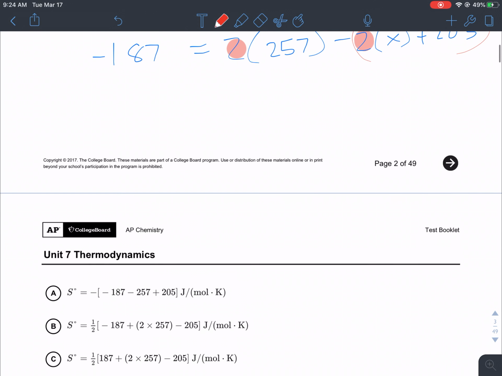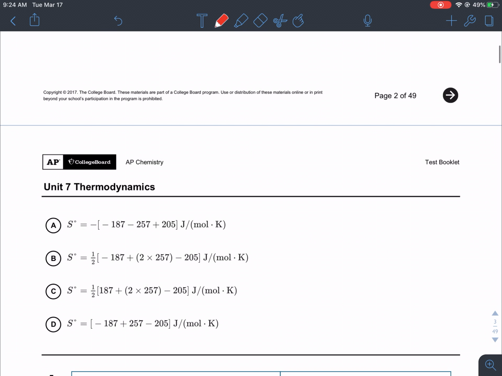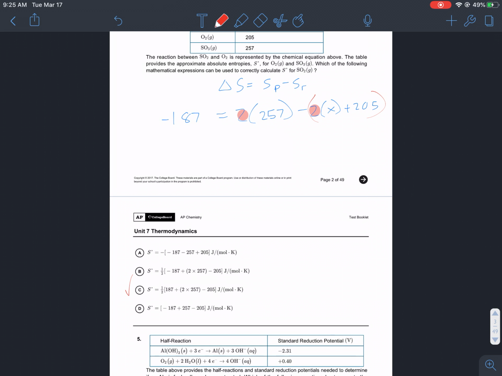That correct answer, let's take a look. That answer is C. You're going to end up just manipulating all of this stuff to find your x. It's trying to get x by itself, right?